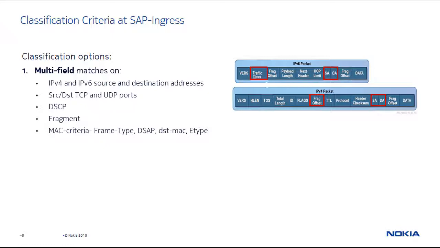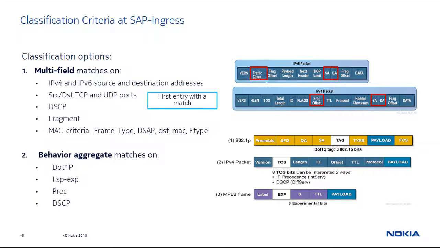To enable this option, an IP criteria, IPv6 criteria, or MAC criteria policy needs to be created. Traffic is matched against a policy with multiple entries and will stop on the first entry match. Behavior aggregate does not use as complex of a policy as multi-field. It uses a single hit based on the special marking bits encapsulated in the packet.